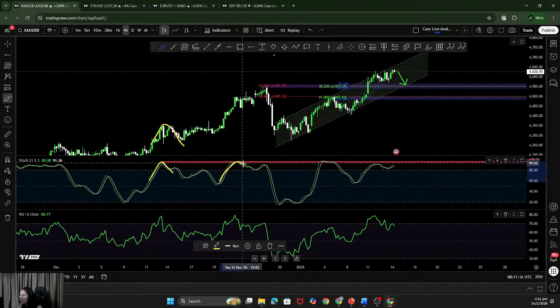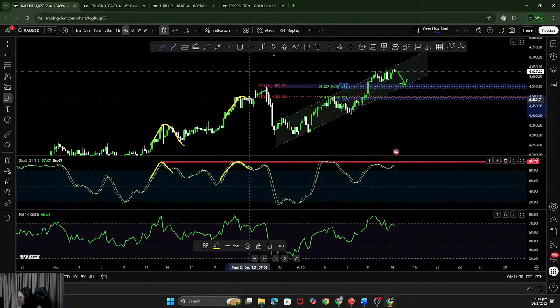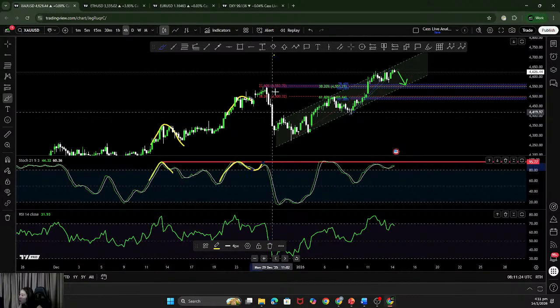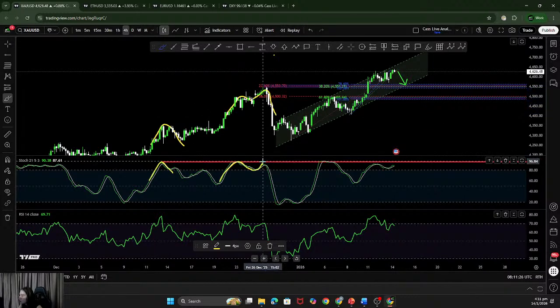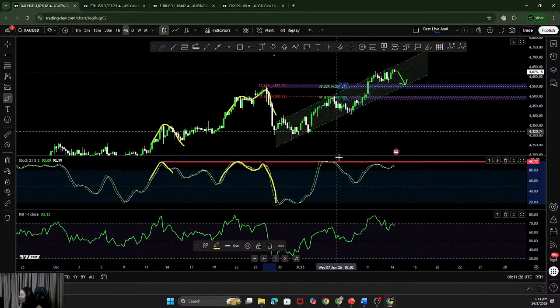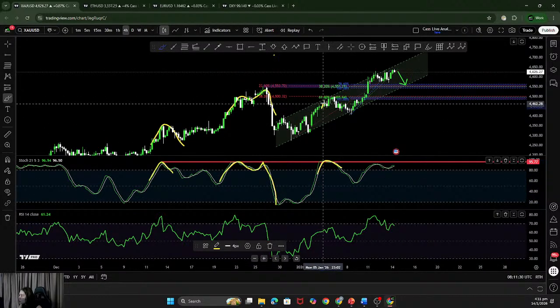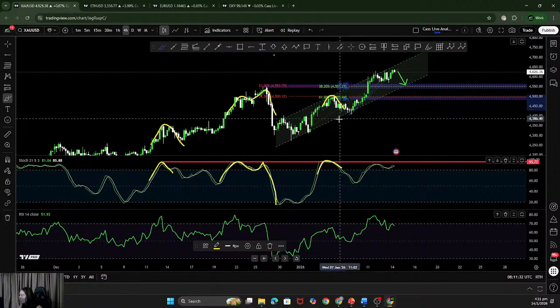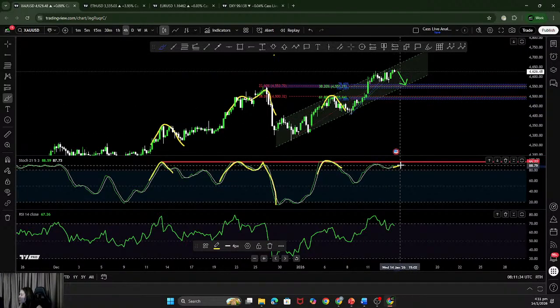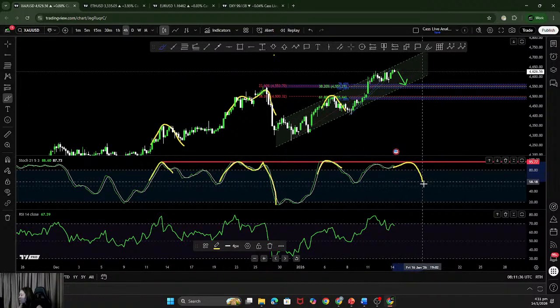Here it touched, it's supposed to reverse. Here it touched, it reversed a little bit. This one barely touched and then it reversed following the chart. Here it touched and reversed as well. And now we're reaching another top and then it should reverse.